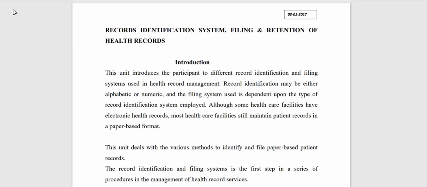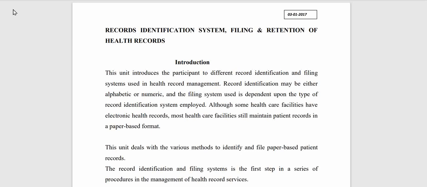Although some healthcare facilities in the country and around the world have already adopted the use of electronic health records, most healthcare facilities still maintain patient records in paper-based formats.